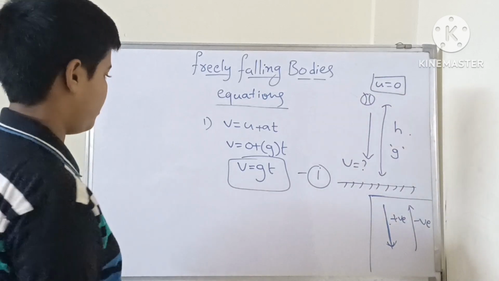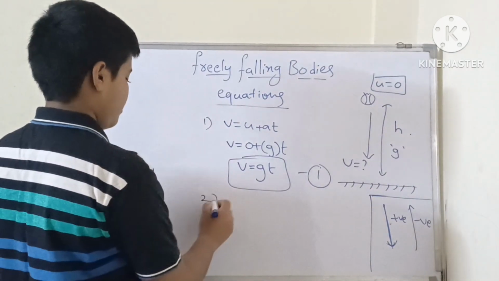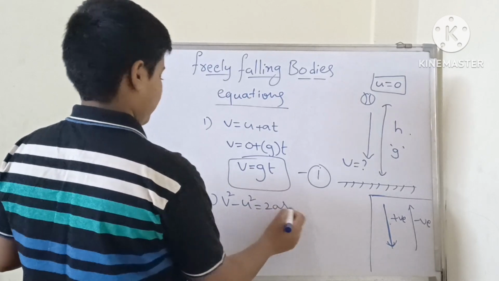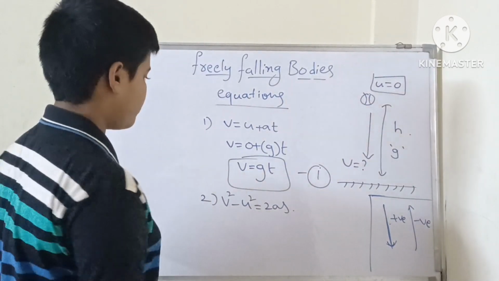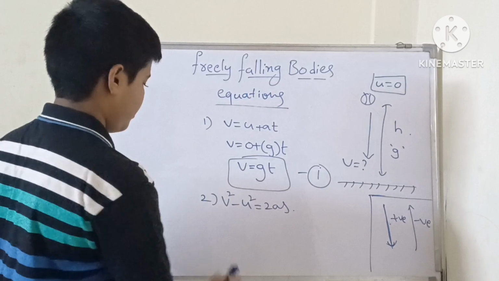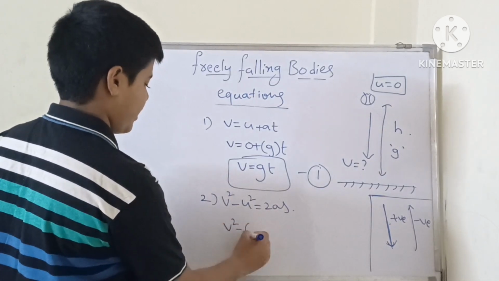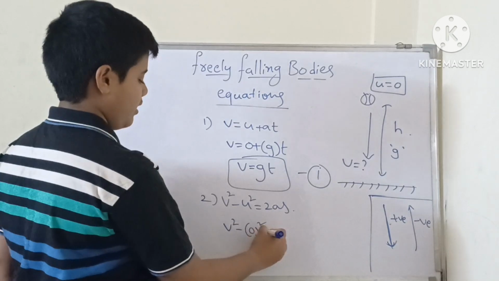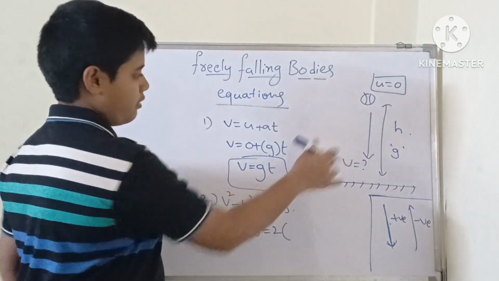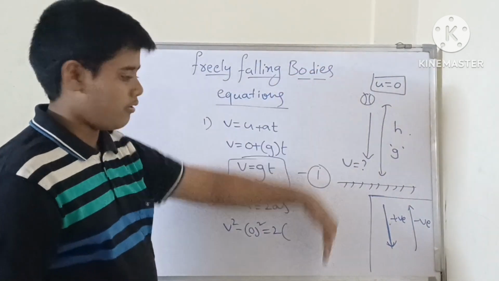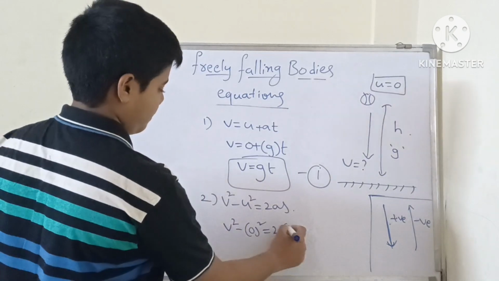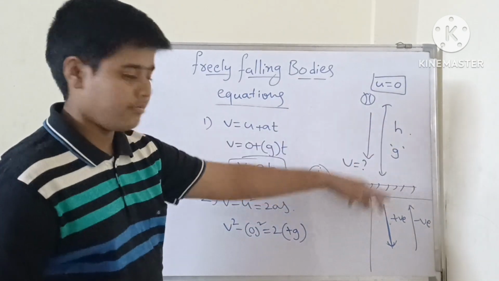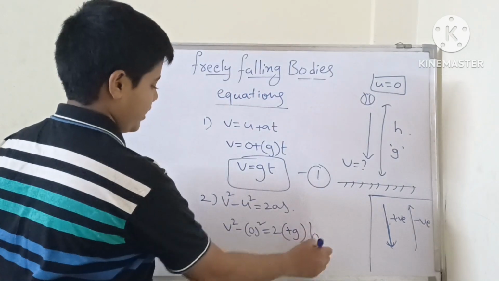Okay. And the second equation, v square minus u square equals 2as in uniform motion. If we replace these values, v square minus 0 square, since initial velocity is 0, equals 2 into gravity, always downwards so positive, so plus g into the height h.